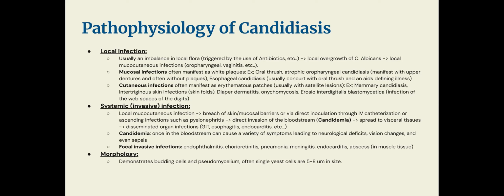The cutaneous infections are more erythematous patches, often with satellite lesions, which help define the disease itself. They're often seen along the mammary areas and the intertriginous skin folds, and on infants with diaper dermatitis. With most of our elderly patients, we're seeing a lot of onychomycosis as well.